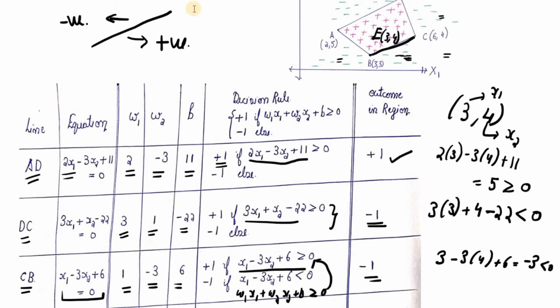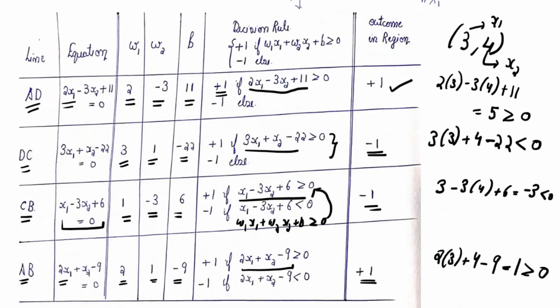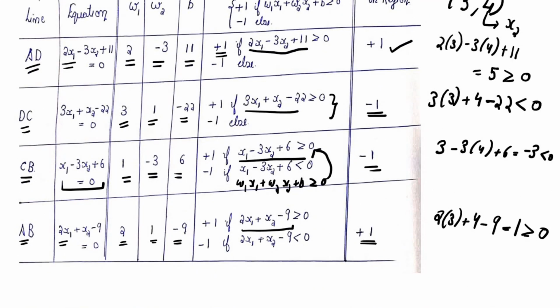If I go to AB over here, this AB will say that anything to the right is positive, so it's actually classifying correctly in the decision boundary at least, and anything to the left is going to be negative. So this is the outcome which we are getting by following all the equations.